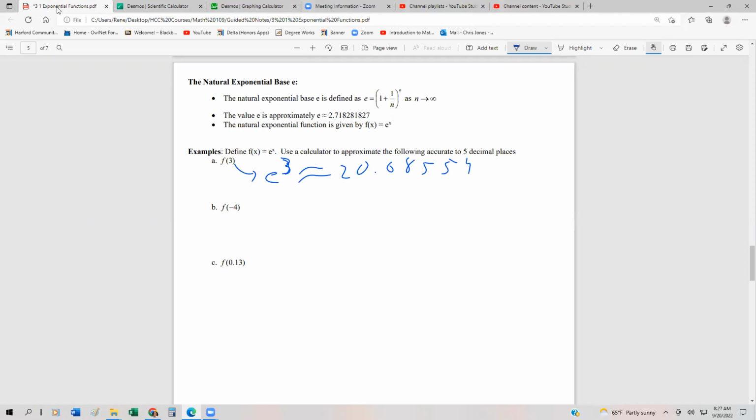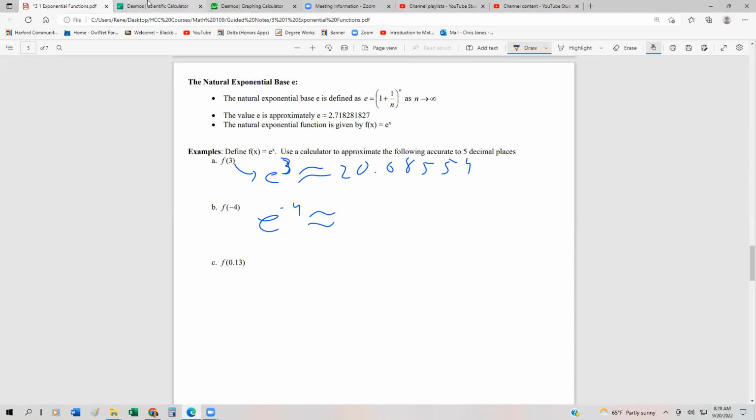If you have a TI graphing calculator, the e key is usually on the left-hand side, and I'll make another video to illustrate how to input these using a graphing calculator. f at -4 is e to the -4th power, which is going to be a small number, because it's 1 over 2.718 to the 4th power.